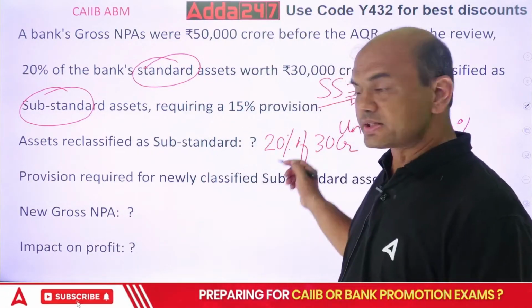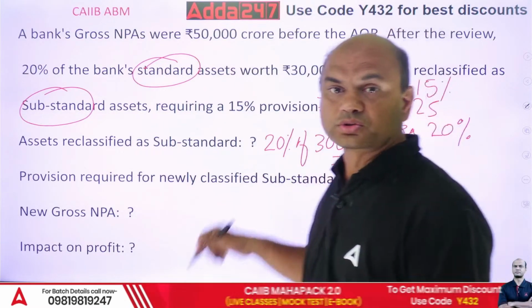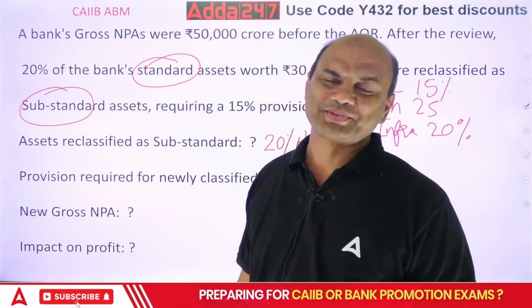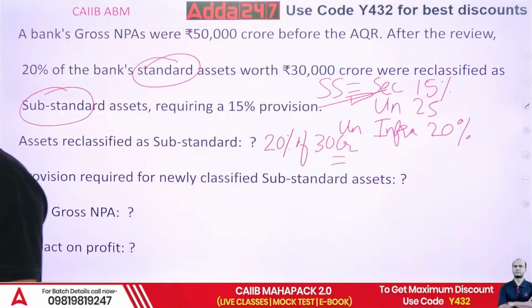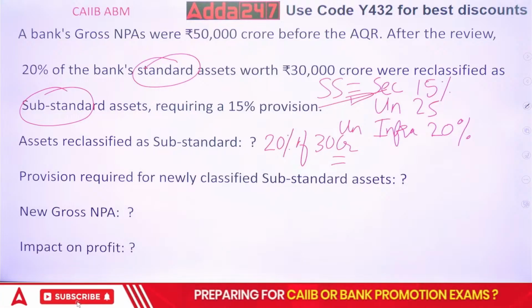What is the answer for this? Crores means how many zeros? I think 7 zeros. 10 lakh is 6 zeros, so 1 crore is 7 zeros.